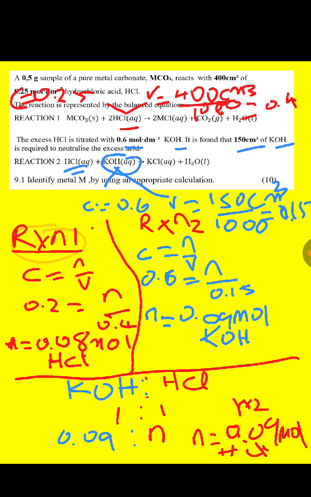In reaction 2, I first calculated the number of moles of KOH, then used the ratio of KOH to HCl to get the number of moles of HCl. So I got it to be this because the ratio was 1:1. So these are the number of moles for reaction number 2.